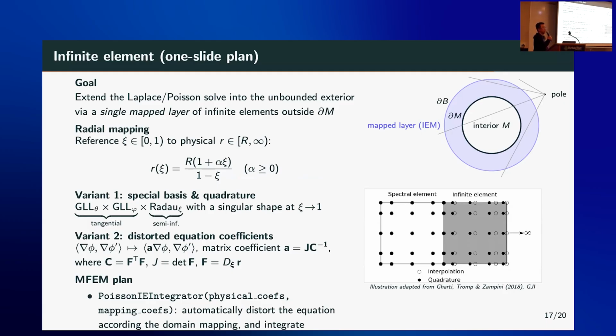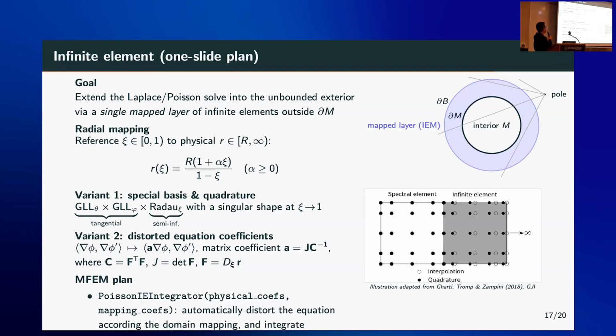In the field of geosciences, recently people have been using variant 1. You can see it uses tensor product basis functions because it's a radial mapping. In the radial direction, they use a radial basis function, and the quadrature rule should be changed accordingly. And this basis function can have a singular shape when it approaches the boundary.